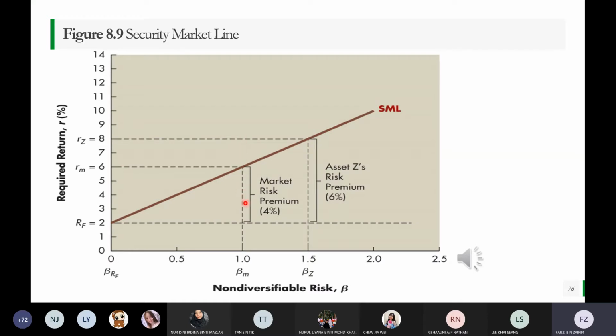And the same thing, if another company might have a return of, let's say, around 4%, but the beta is around 1. So the return is lesser than the market return.